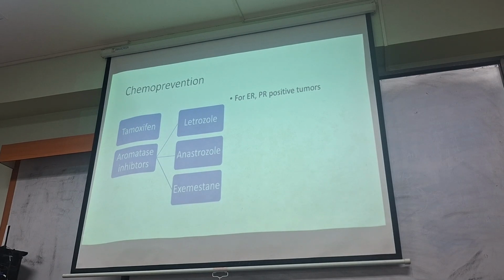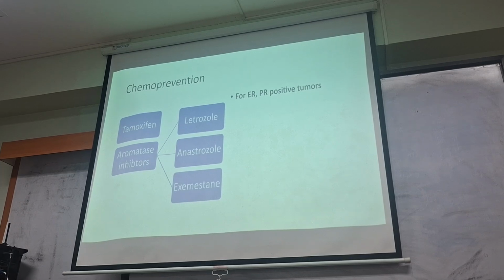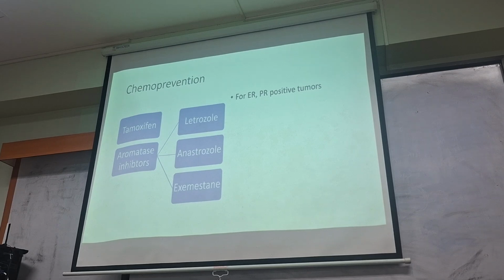So chemoprevention. Chemotherapy is for systemic chemoprevention, or to prevent recurrences, systemic recurrences. Radiation is for loco-regional recurrences. Chemoprevention with the use of tamoxifen and aromatase inhibitors are going to be used for at least 5 years.